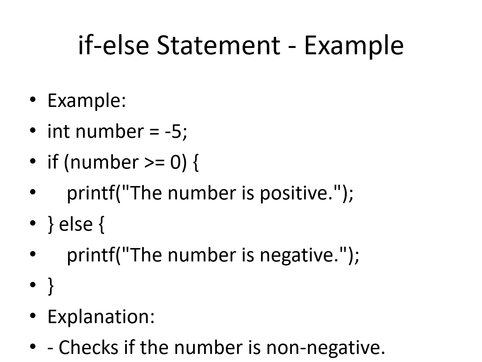If number is greater than or equal to 0, then print the number is positive. Else, if this condition is false, it will go into the else block and print number is negative. As -5 is not greater than or equal to 0, the if condition is false, so it will go into the else statement and print that the number is negative.